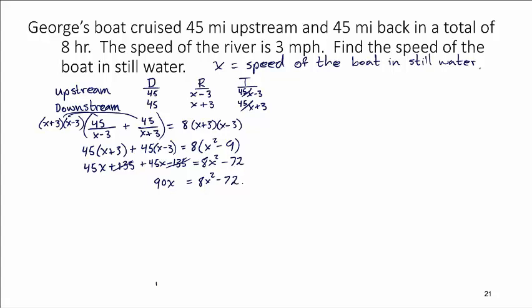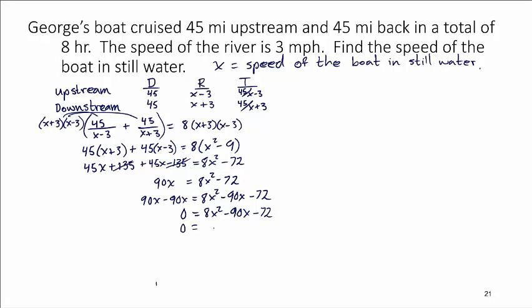With a quadratic like that, I want to set it equal to 0. So I'm going to subtract 90x from both sides, and I'll have 0 equal to 8x squared minus 90x minus 72.